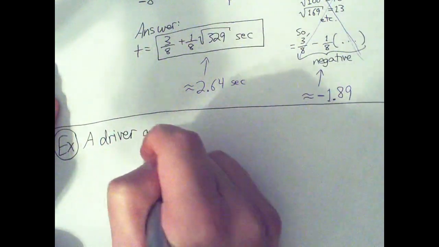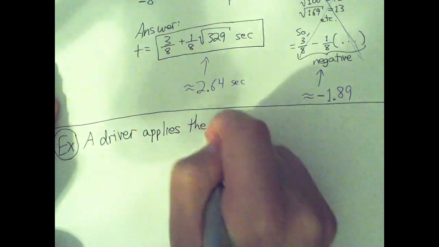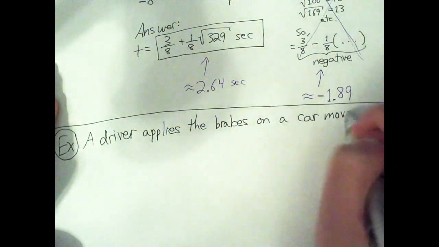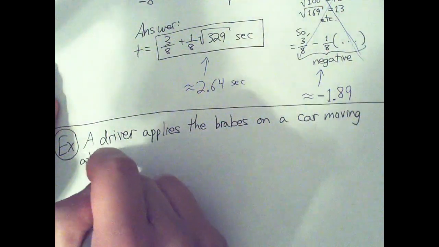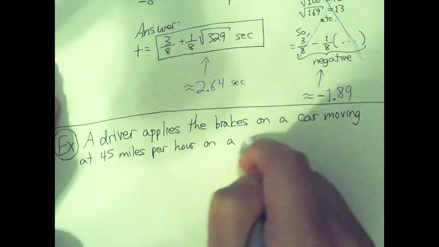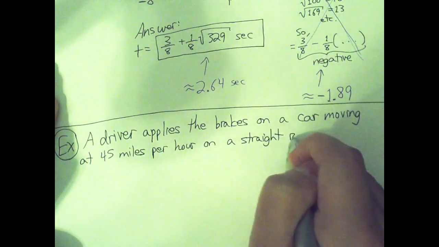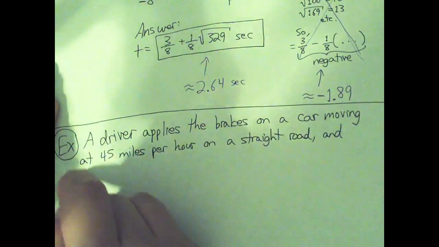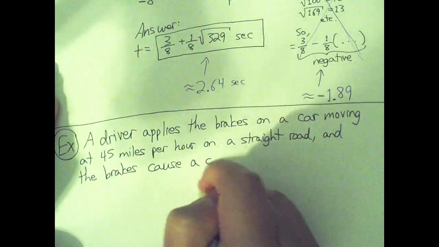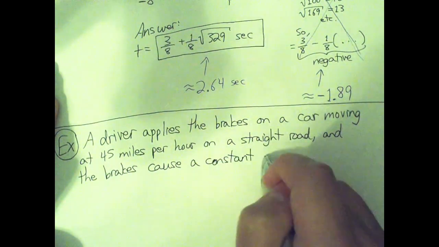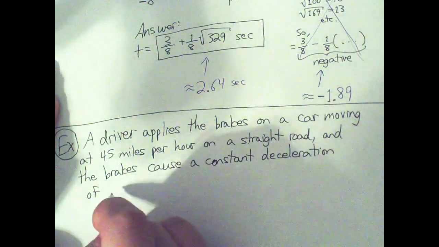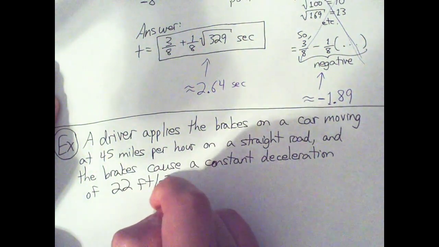A driver applies the brakes on a car moving at 45 miles per hour on a straight road, and the brakes cause a constant deceleration of 22 feet per second squared.